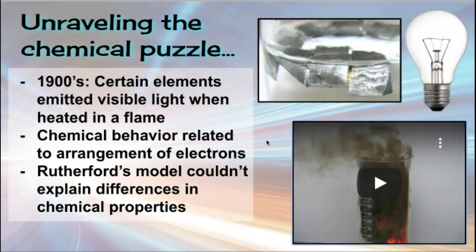However, they have very different properties, especially the reactivity, or in the case of argon, the unreactivity. So Rutherford's understanding didn't really align with how the elements were arranged on the periodic table and their different properties. So scientists knew that there was something that they were missing.